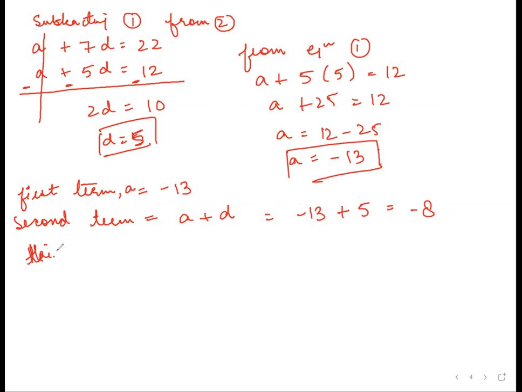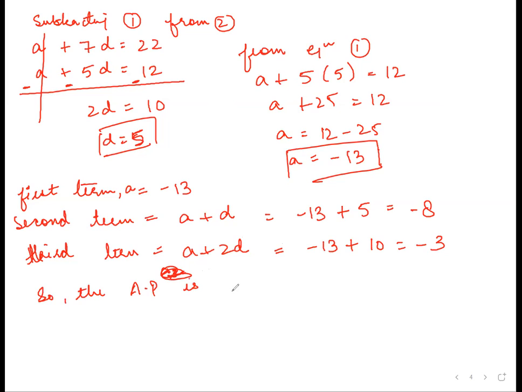Then the third term is a plus 2d, that means minus 13 plus 2 into 5, which is 10, so minus 3. You can find a3 from the formula also, that's fine. So the AP is minus 13, then minus 8, minus 3, and so on.